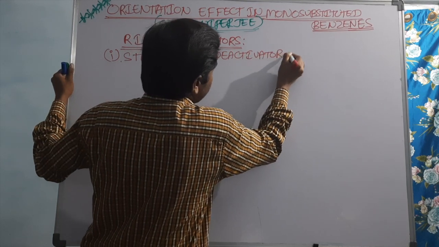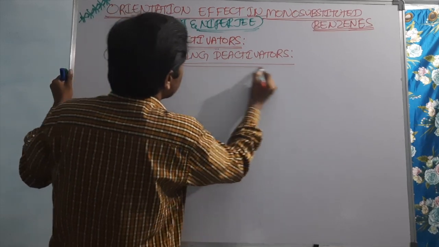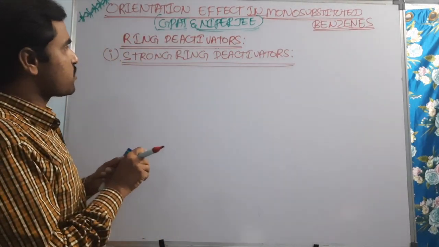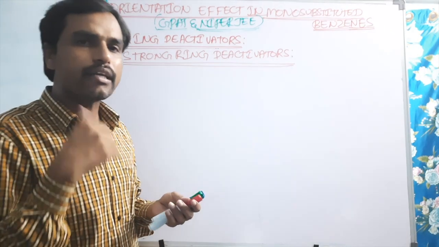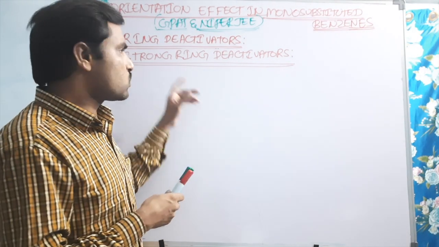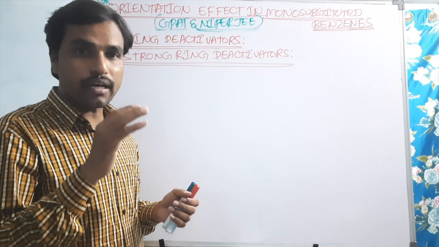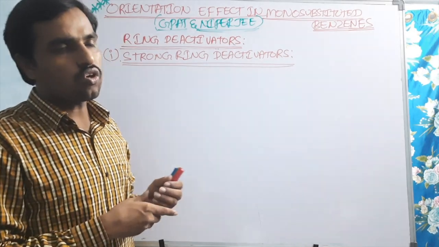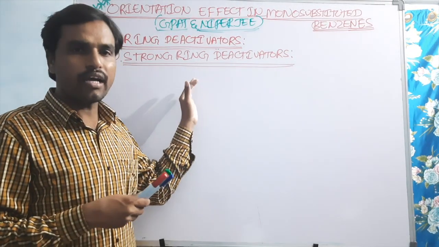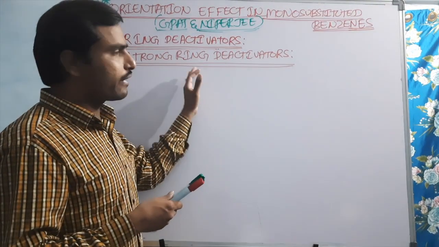Strong ring deactivators. The groups which strongly reduce the activity of the benzene ring are called strong ring deactivators.